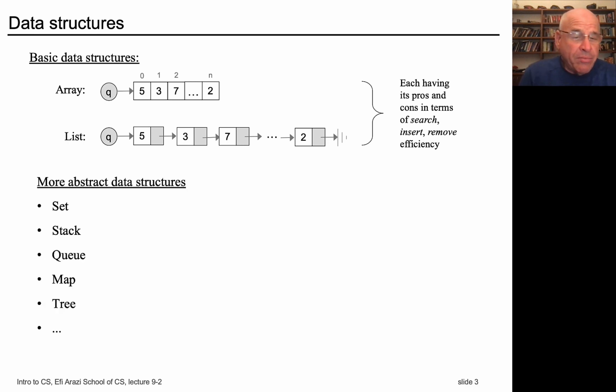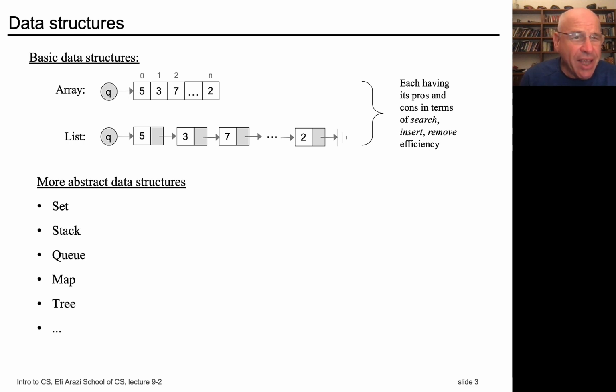Now, in computer science, we have many abstract data structures, data structures which are more abstract than arrays and lists. And here are some names: sets, stacks, queues, maps, trees. These names don't mean much.